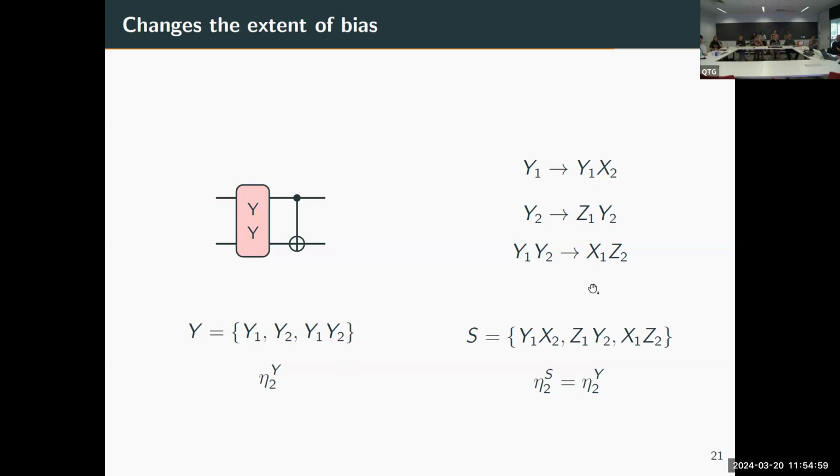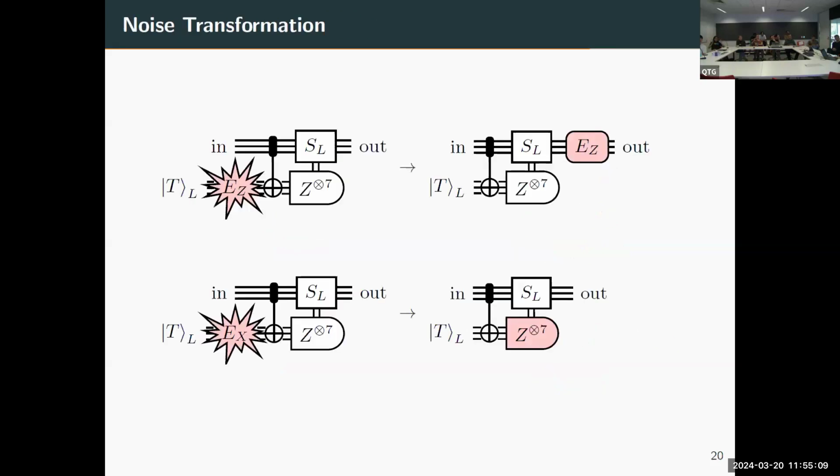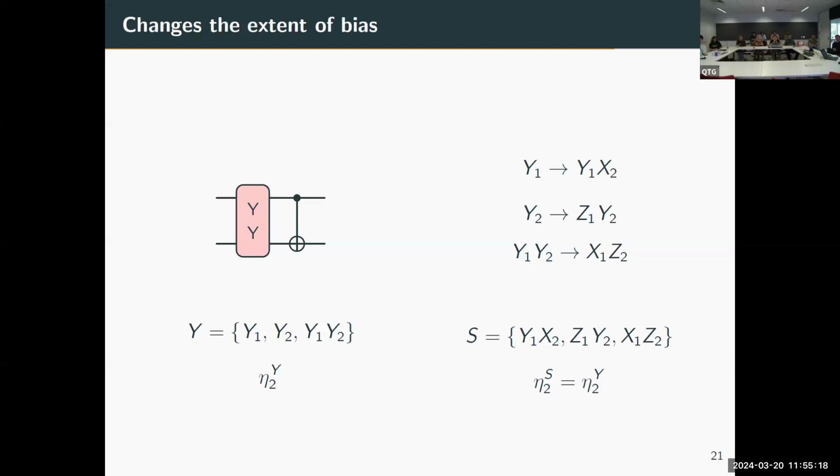You just choose the set of new errors, what they get mapped to, and the extent of bias would still be the same for this new set of errors. But that's not what's happening here, because some errors are being transformed into a different type of error in a non-Clifford way. So the actual extent of bias is fundamentally changing by this injection process. And I think that's pretty key.